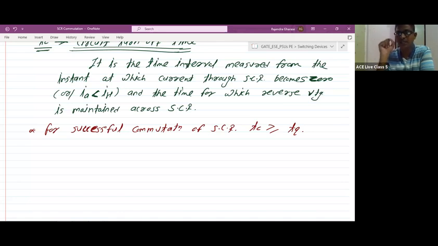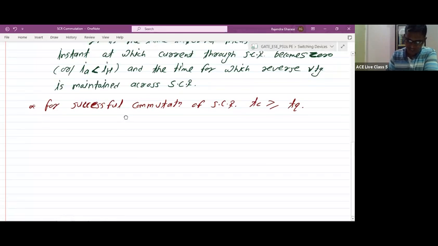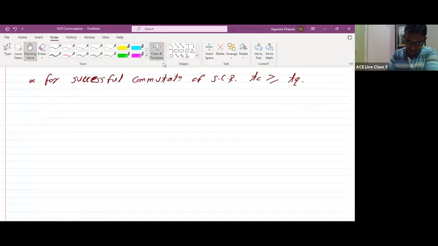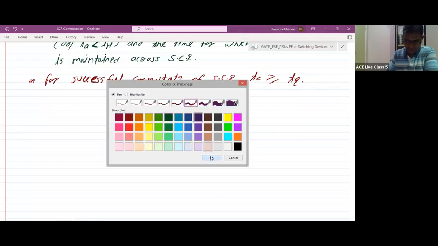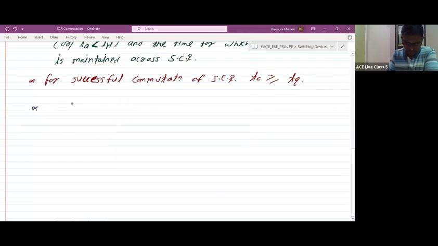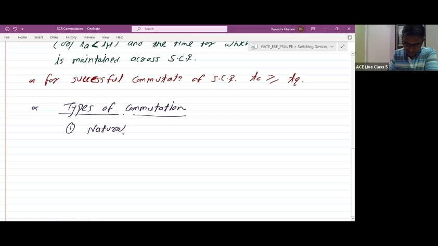So let us first discuss natural commutation. Let me write. Types of commutation: first one is natural commutation, and second one is forced commutation.